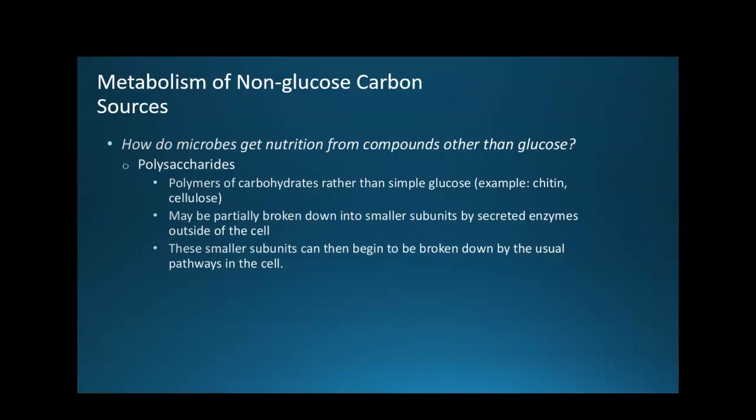Absolutely. All you have to do is be able to break them down. Now, that's the key. Not all microbes can break down every sugar. For instance, some can break down lactose. Some can't. You have to have lactase in order to do that. So if you have lactase, you can use lactose as a potential sugar in order to gain your energy.